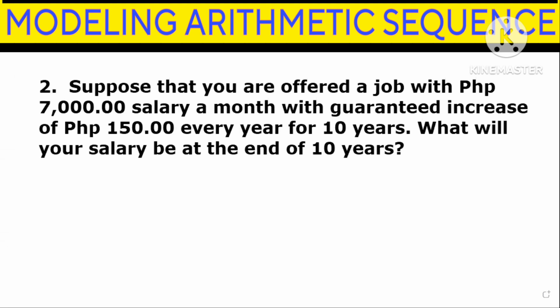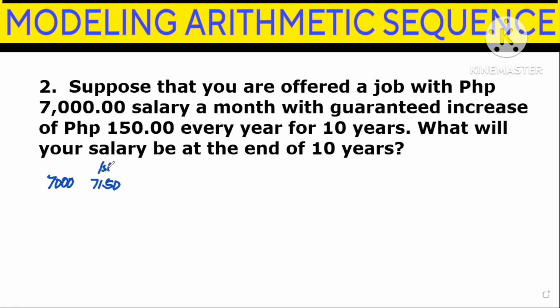Problem number 2. Suppose that you are offered a job with 7,000 salary a month with a guaranteed increase of 150 every year for 10 years. What will your salary be at the end of 10 years? Okay, so since the starting salary is 7,000, after a year it becomes 7,150.